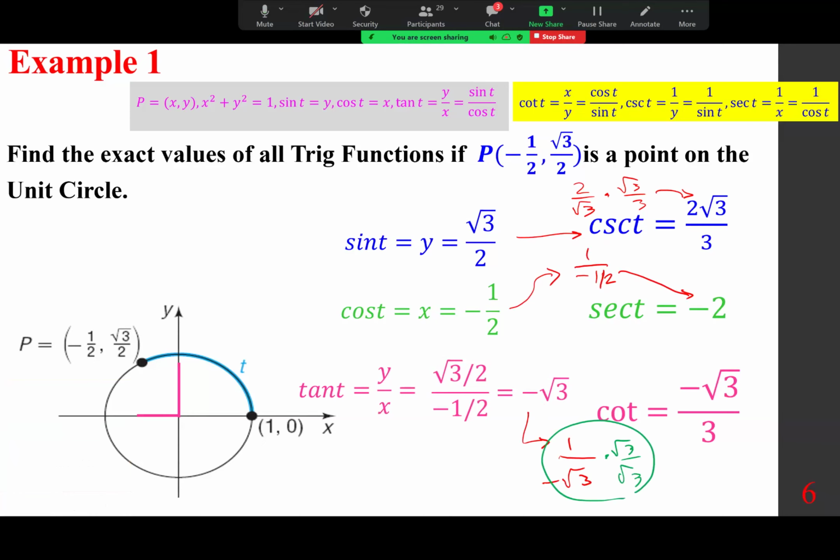We get those. I'm assuming everybody's comfortable with the concept? All right, we are going to move on.